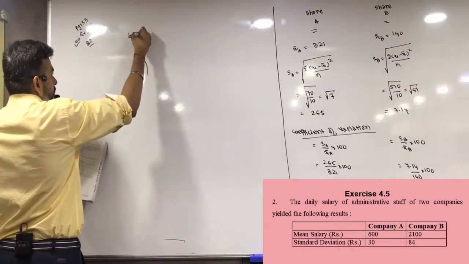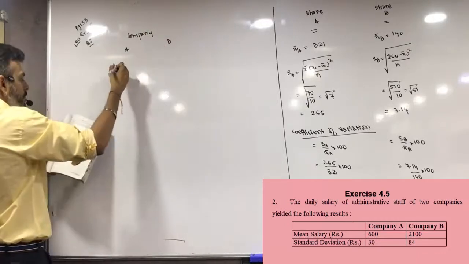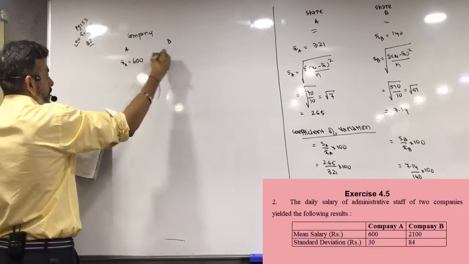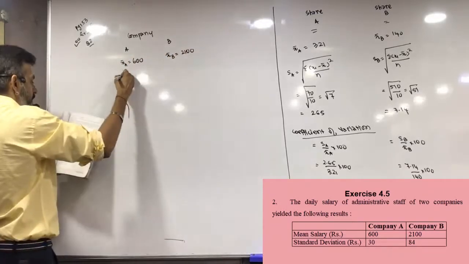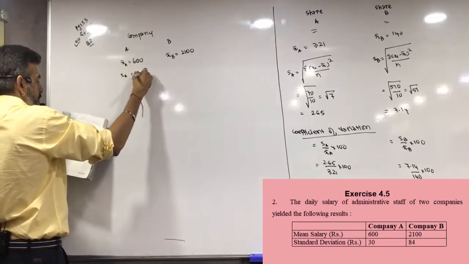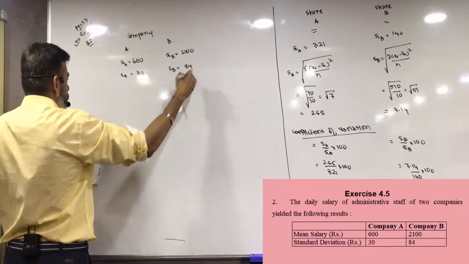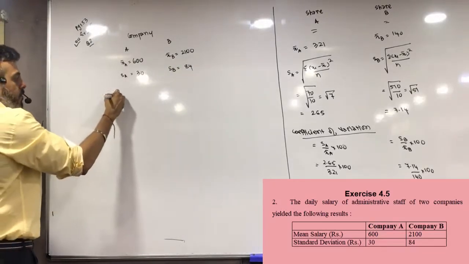We have company A and B. Mean is given. X bar of A 600, X bar of B 2100. Standard deviation of A 30 and standard deviation of B is 84. When we have to compare, we will use which formula?